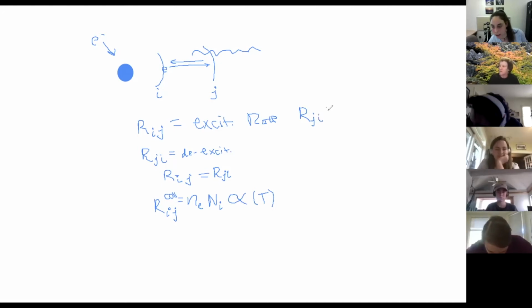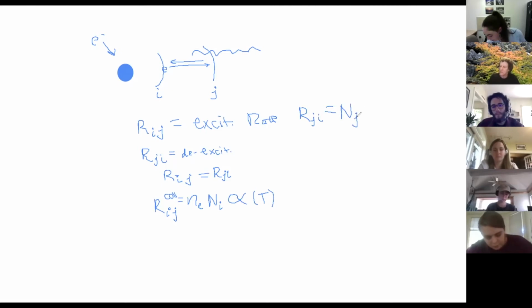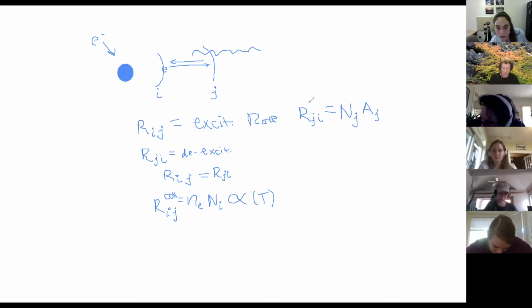And that's going to be equal to the number of atoms with an electron in the J energy level, so N_J, times something called the Einstein coefficient, which is just some value that has some physics in it that tells you the likelihood of spontaneous de-excitation. And so I'm going to label that with an S, because that's going to be my spontaneous de-excitation.